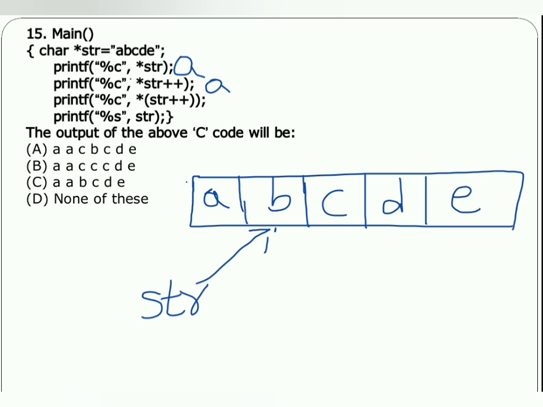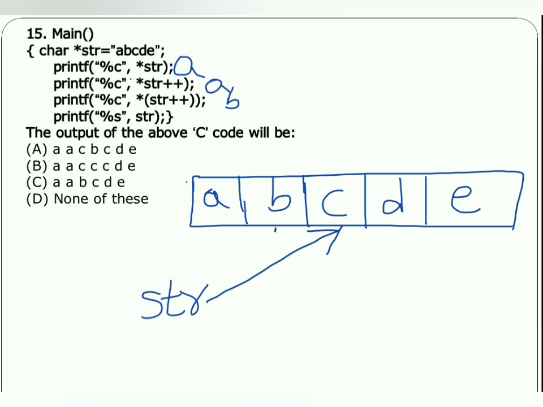B. So the pointer is pointing to the B. So it will print the value B, and then the pointer will increment to the next one. So now the string pointer will point to the next element.